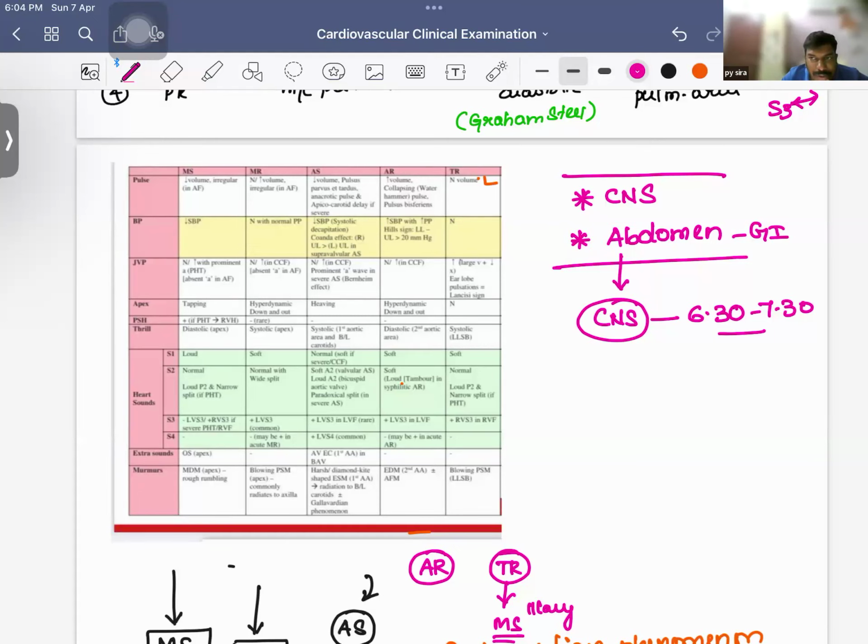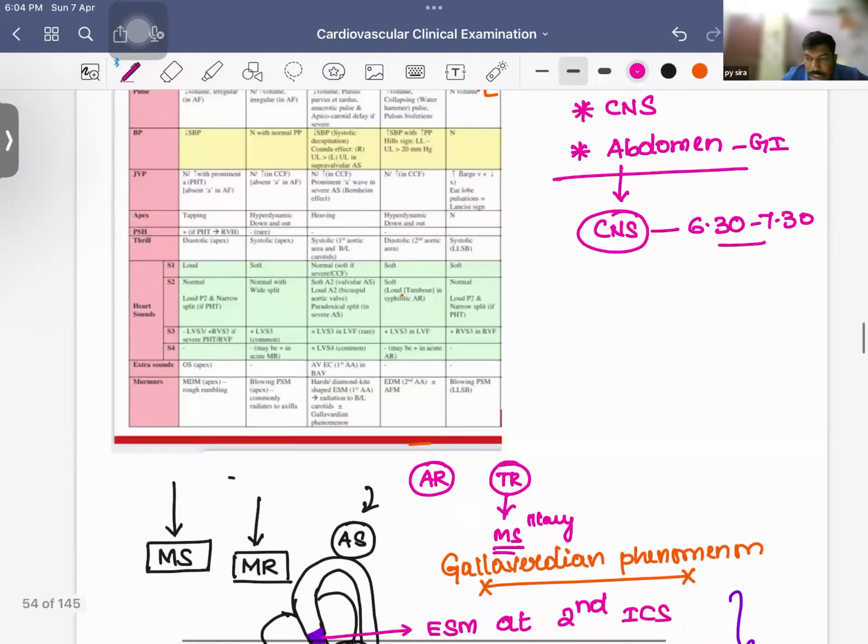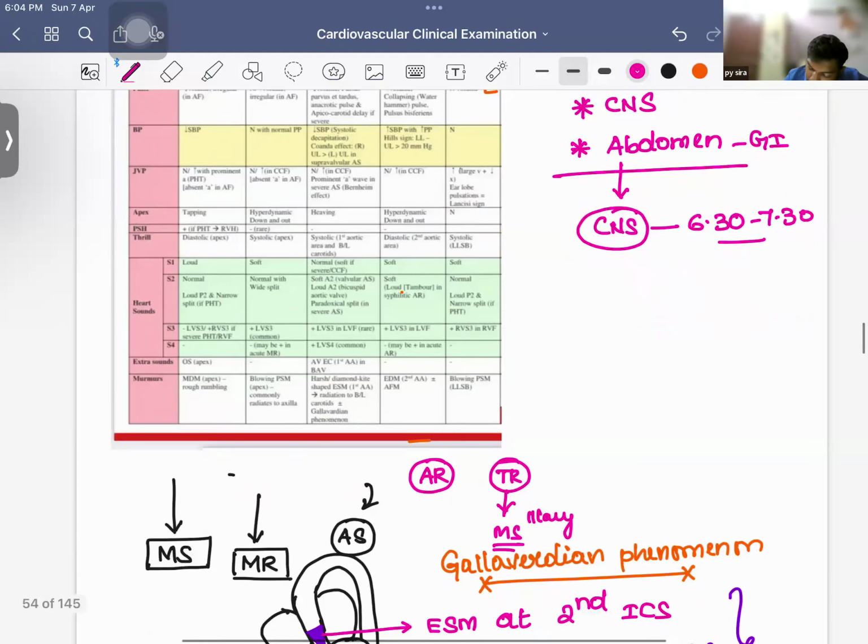If you want anything extra: in inspection, you see for the ala nasi. First, it will flutter. Then the sternocleidomastoid will be prominent.